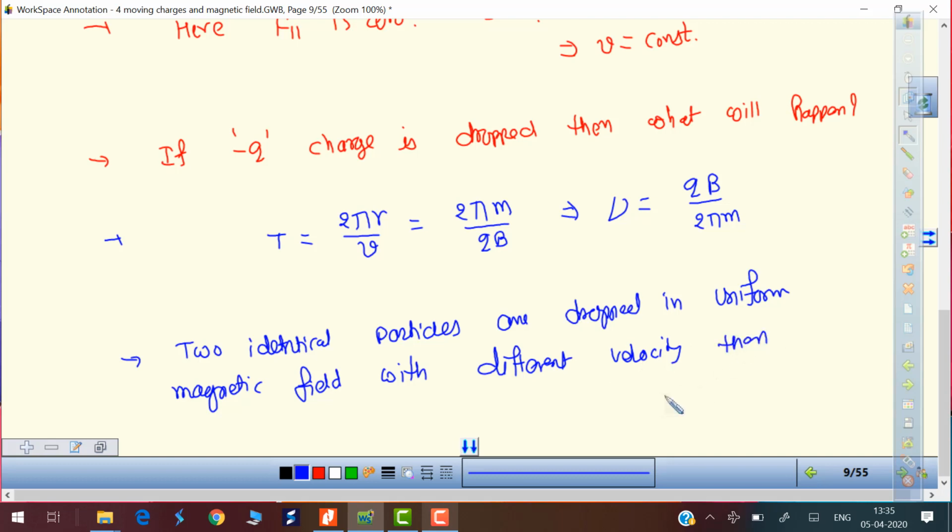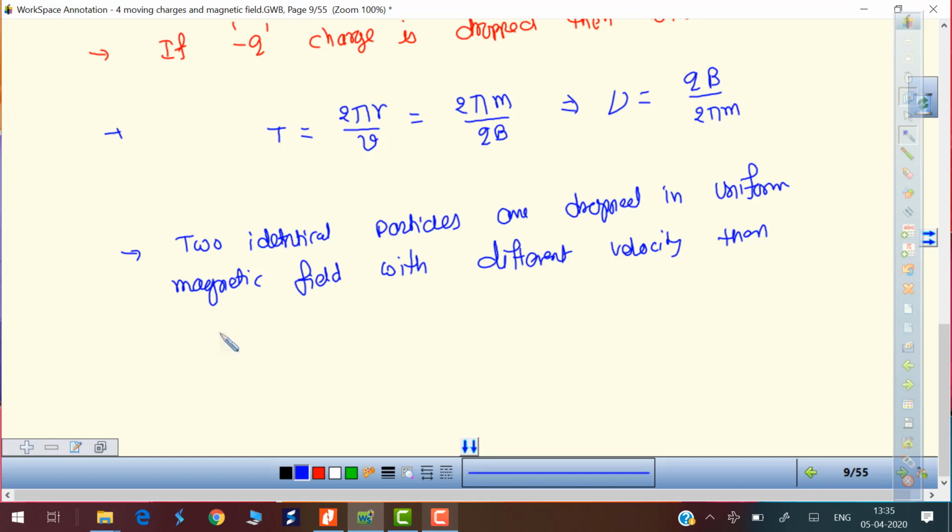Then the radius of the circular path will be different.